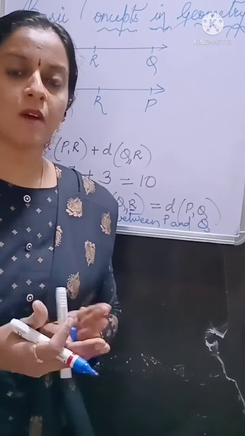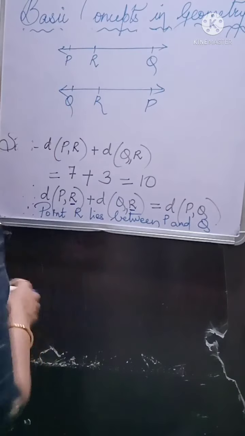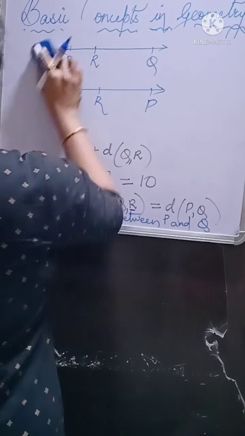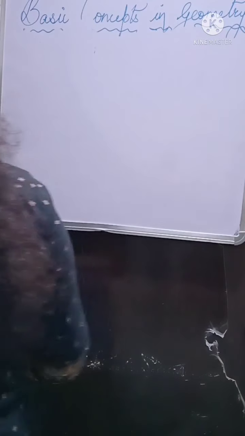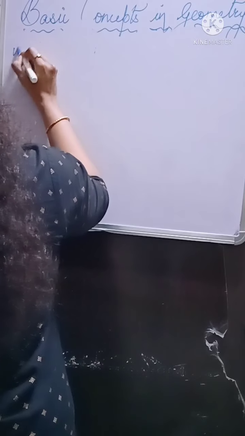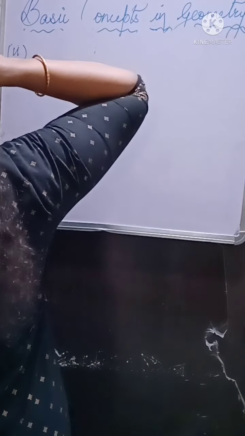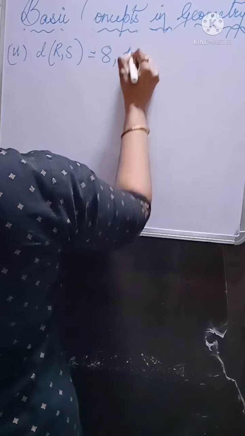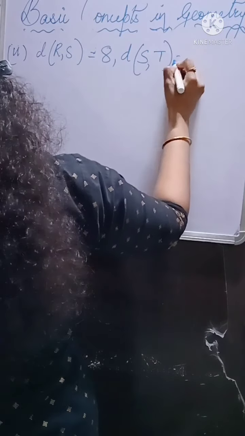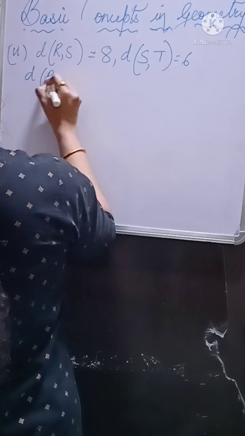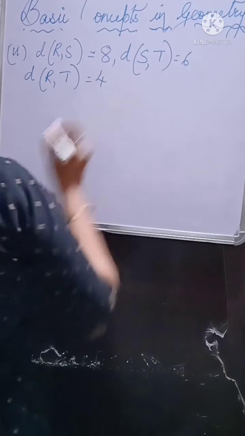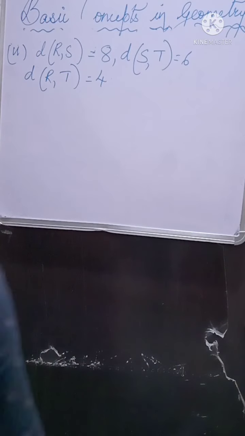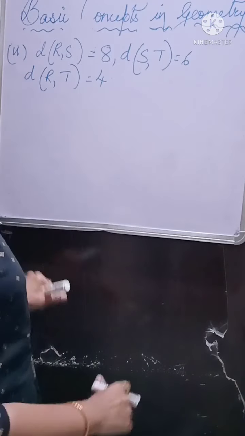5% you understood. Next sum will make it 100%. Okay, take the next sum. These are the distances given.